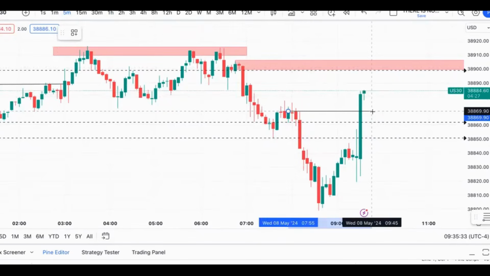Book the structure right here. 1 month time frame.